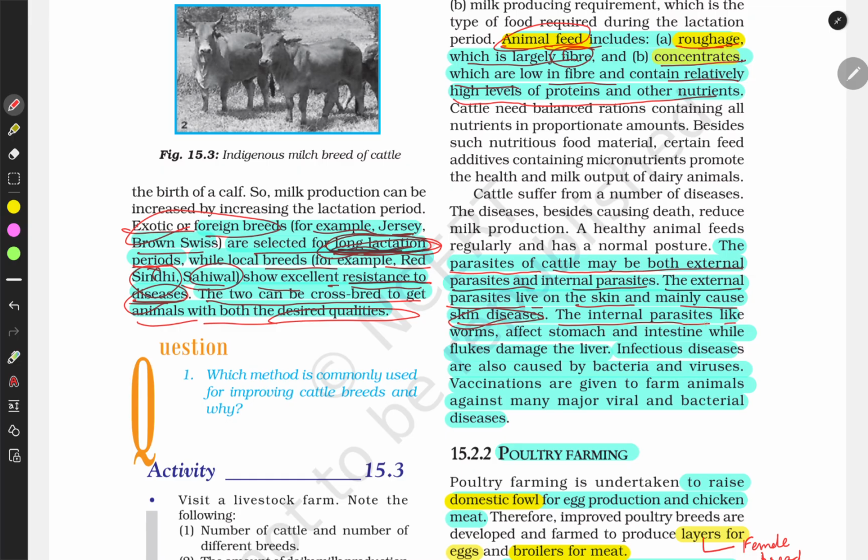The internal parasites like worms affect the stomach and intestine, while flukes damage the liver. Infectious diseases are caused by bacteria and viruses. Vaccinations are given to farm animals against many major viral and bacterial diseases.